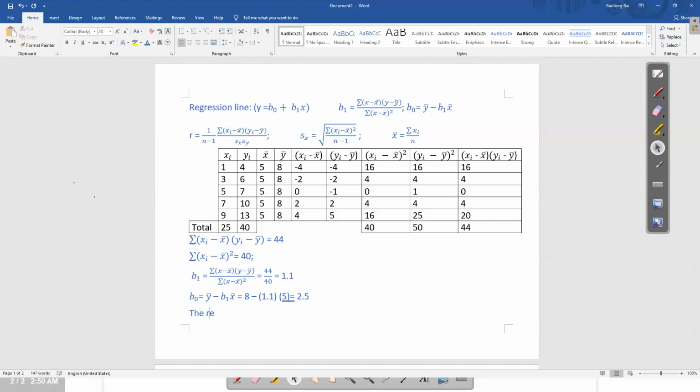So the regression equation is, don't forget, y equals B0 plus B1 times x, right? So this is the regression equation. It's pretty simple, right?